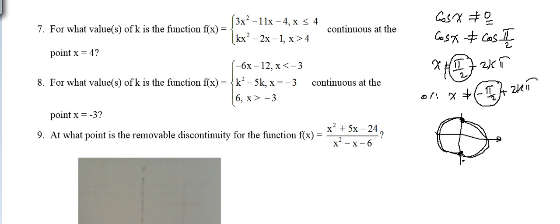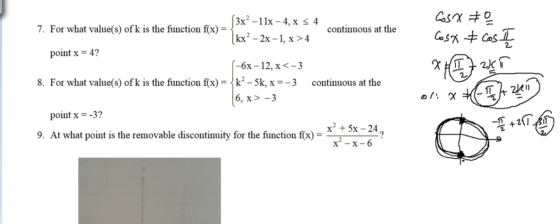Every pi, cosine is not defined here, and here cosine is not defined, at each pi over 2 or minus pi over 2, which is 3 pi over 2. If k is 1, then minus pi over 2 plus 2k pi, plus 2 pi, is equal to 3 pi over 2.